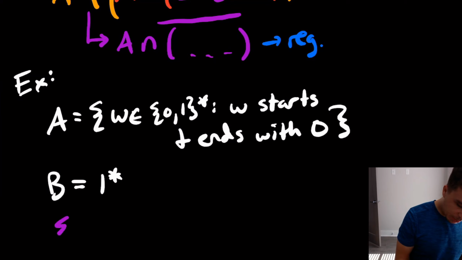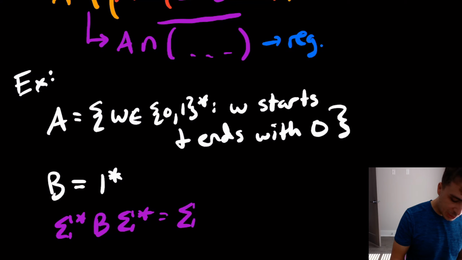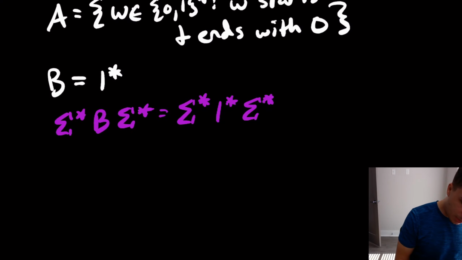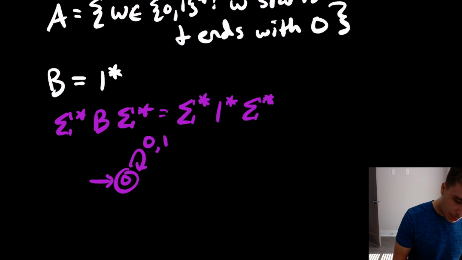Sigma star B sigma star is the same thing as sigma star 1 star sigma star. So if we make a simple little machine to do this, sigma here is 0 and 1.